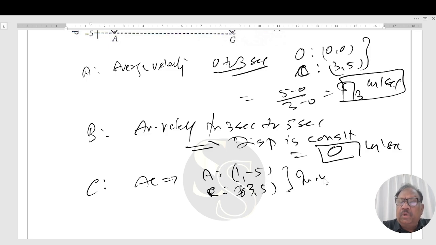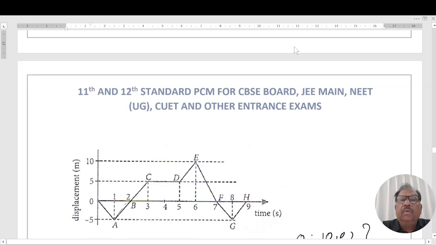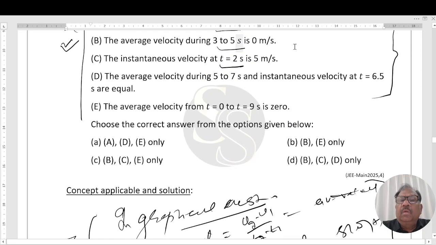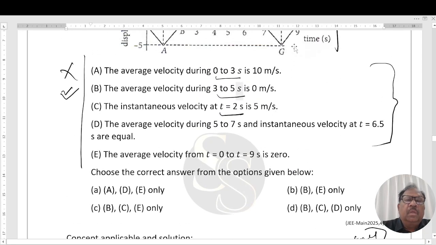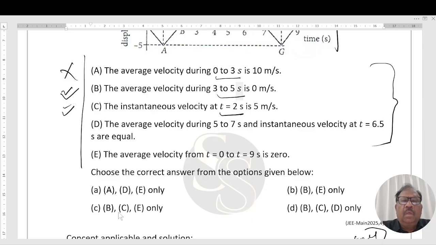Therefore, instantaneous velocity will be equal to 5 minus minus 5 over 3 minus 1, that is 10 divided by 2, that is 5 meter per second. B is correct, C is correct.